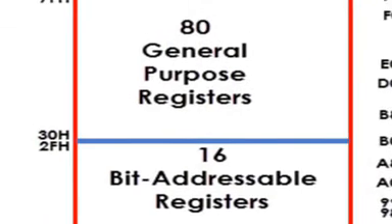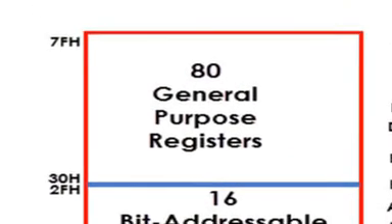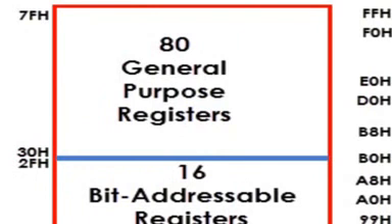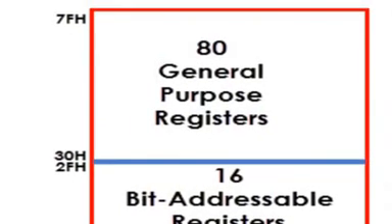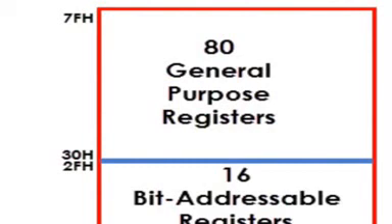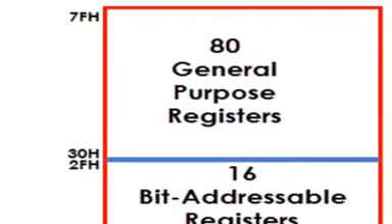Okay, next I have general purpose registers. For whatever operations you are doing, generally you will store the results and values, and you will assign the values from this location only, 30H to 7FH. So this is the general purpose register.